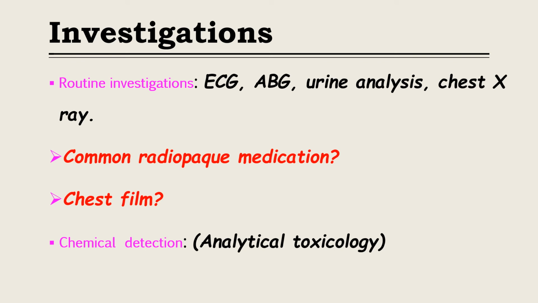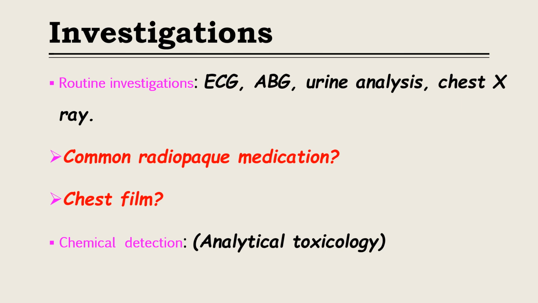Sometimes when I ask you what investigations you will do, someone will say blood pressure. Blood pressure is examination, not investigation; you can do it with your hand, your stethoscope, and your sphygmomanometer. But when you do an ECG, this is investigation. You cannot do an X-ray with your hand, so this is investigation. You cannot do urine analysis by hand, so this is investigation.